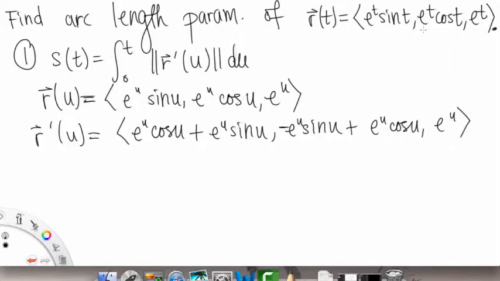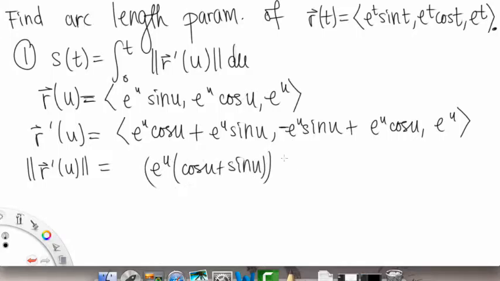Okay, so now that we have that, that's our velocity vector. And now we have to take the magnitude of it, right? So we can plug it into our formula eventually. The magnitude of this is going to be kind of lengthy. But we're basically going to have an e to the u, and I'll factor that out. Cosine u plus sine u.